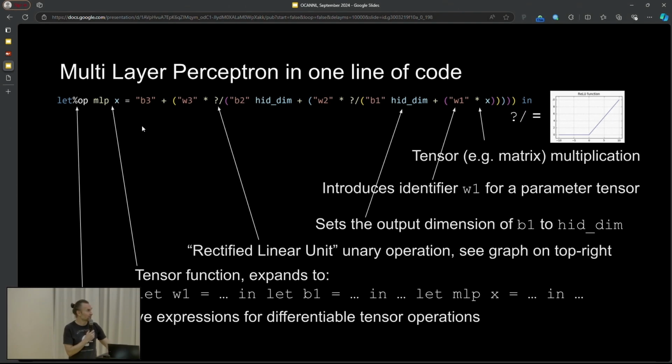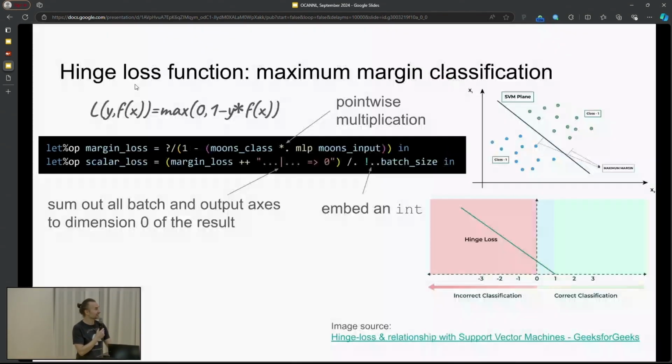So this is more of a declarative notation for tensor expressions.